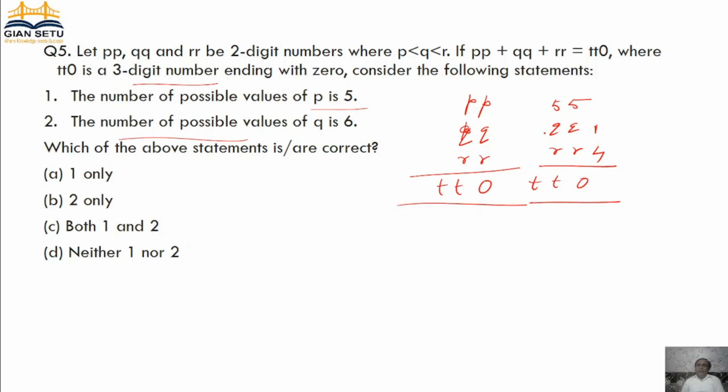Then let's see, do we get the result in the same form, whether this condition is satisfied. Now again, if we write, we have 55, then 11, then we have 44.